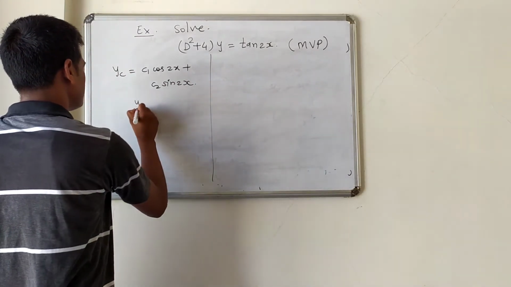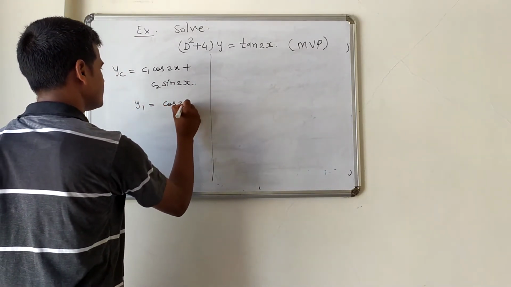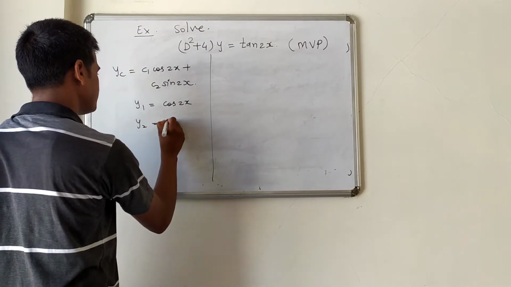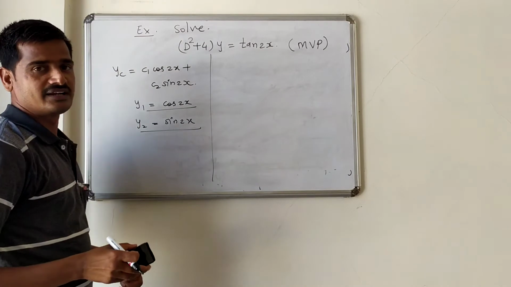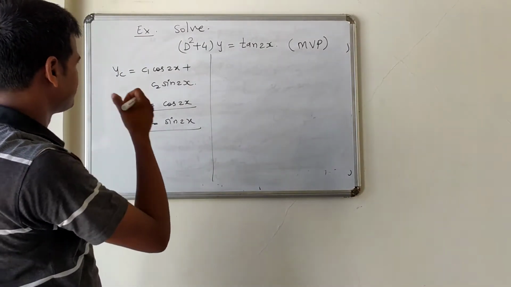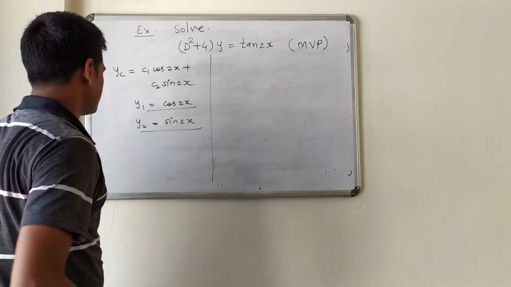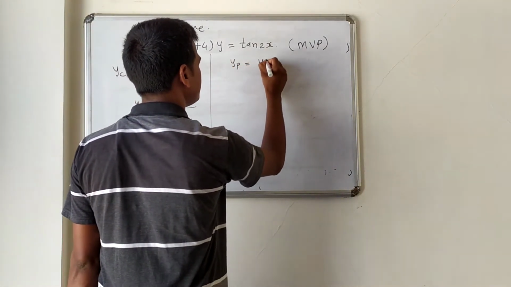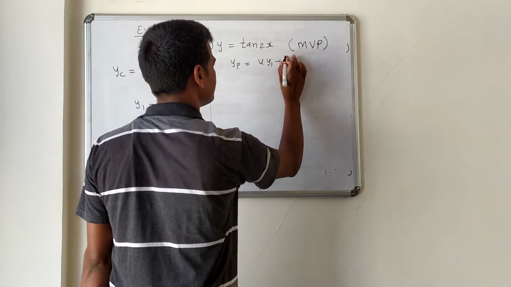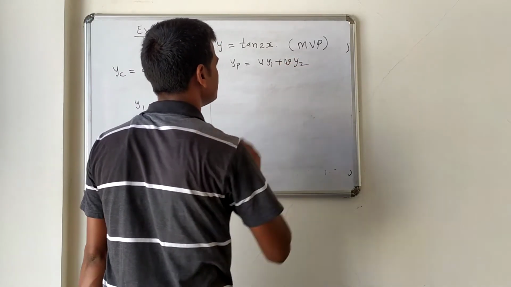Now choose y1 is equal to cos 2x and y2 is equal to sin 2x. So these are the linearly independent solutions of the homogeneous equation. Now particular integral yp is given by u y1 plus v into y2.